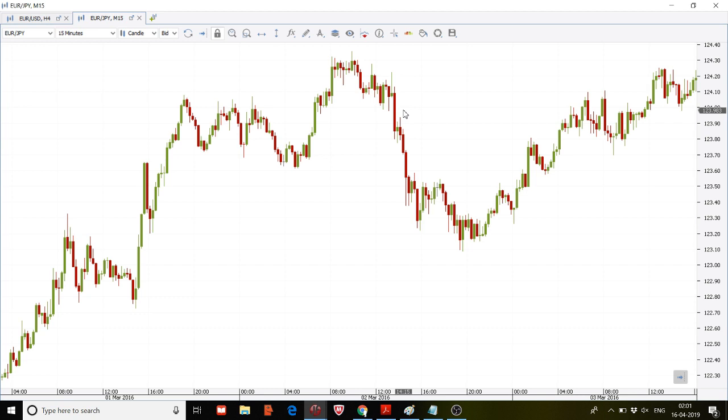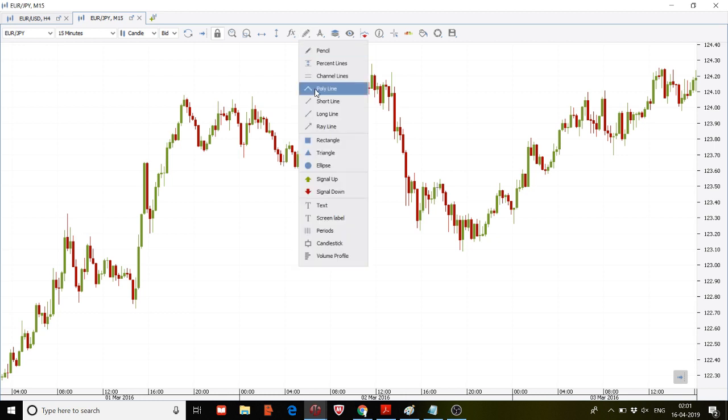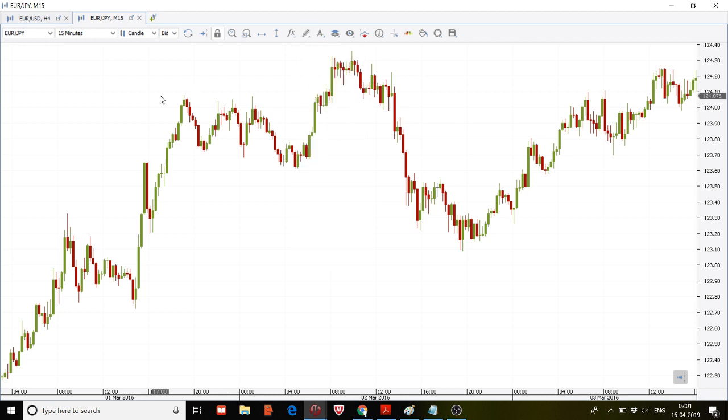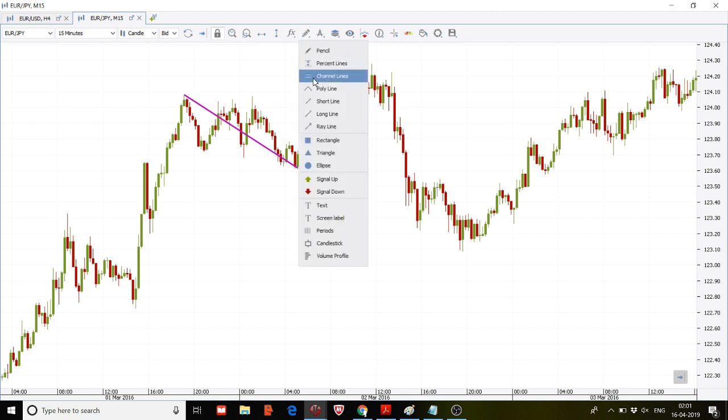If you notice here, wave 5 ended, and then what you need to do is connect the swing high, or the fifth wave's endpoint, with the swing low in the series. This will be wave A. I will name it so it is easy for you to remember.